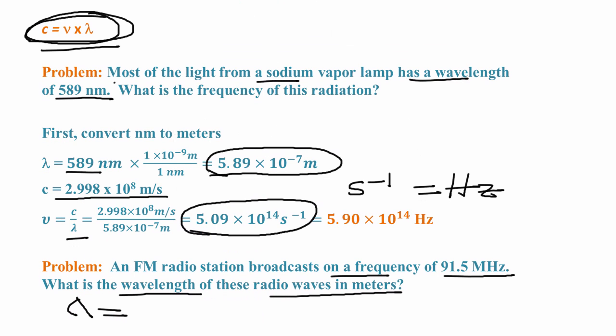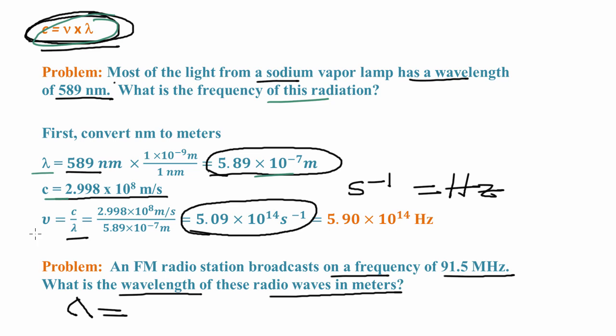Let's go ahead and do a problem using this relationship here. Here we're told that most of the light from a sodium vapor lamp has a wavelength of 589 nanometers. What is the frequency of this radiation? So the first thing we need to do is, because C is in meters per second, the wavelength must be converted to meters.